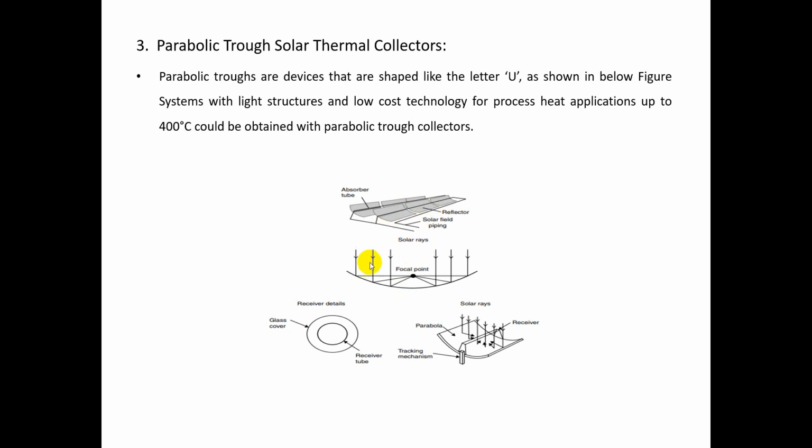All these solar rays falling hit one particular point, which we call the focal point. On the top surface we have the glass cover, and inside we have the receiver tube. In the close-up figure, the glass frame is of parabolic type. This is my tracking mechanism. This line we call the receiver line.